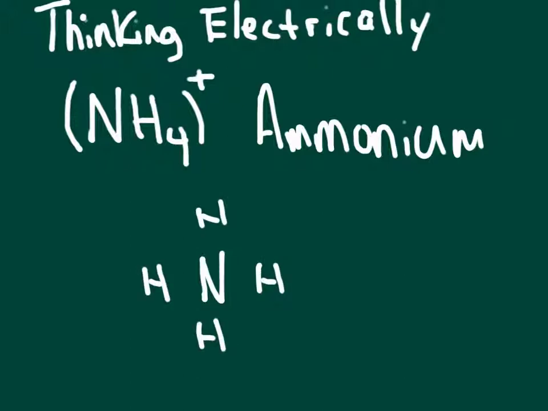Ammonia, which doesn't have 4 hydrogens and has 3, is a completely neutral compound. If you add this extra hydrogen, the ammonium has a plus charge. And that's the whole gist of what's going on here.